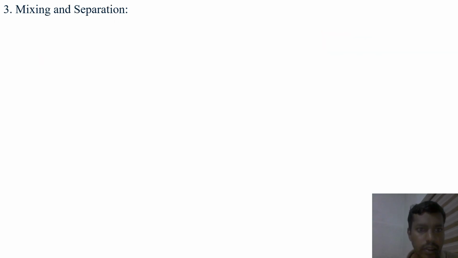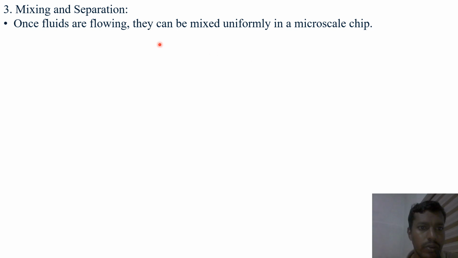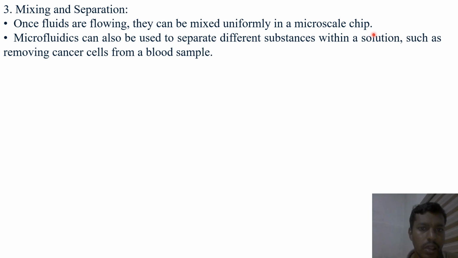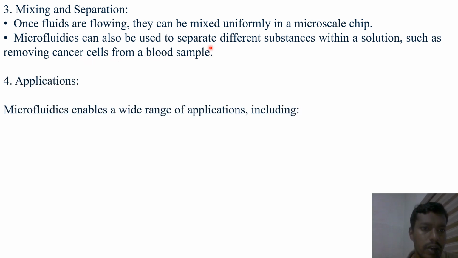Then mixing and separation. Once the fluid is flowing, it can be mixed uniformly in a micro scale chip. Different substances within the solution can be separated, such as removing cancer cells from a blood sample. Then this microfluidic process has a lot of applications.